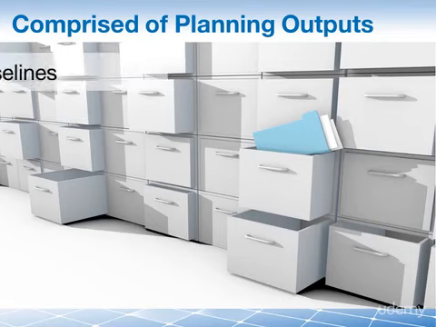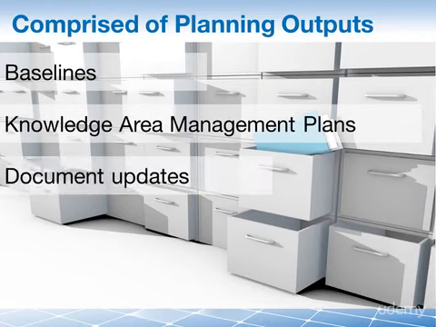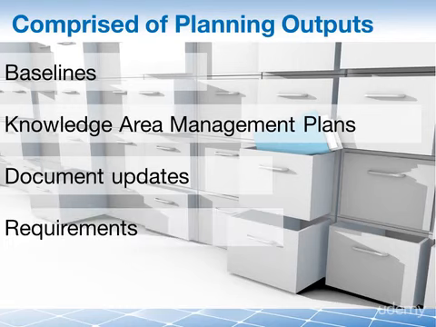For example, the baselines like cost, scope, and quality baselines, plans from the other knowledge areas like the scope management plan or the quality management plan, updates and modifications based on recent developments or formally requested changes. Then we have requirements documents and a requirements traceability matrix, for example.